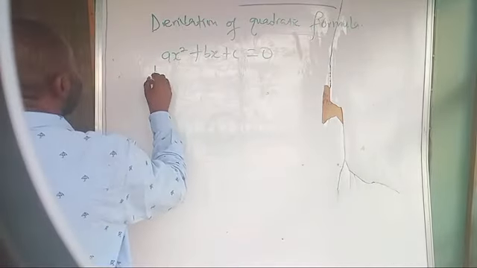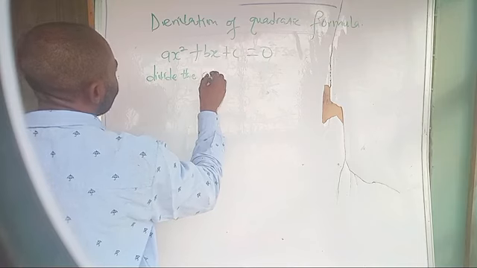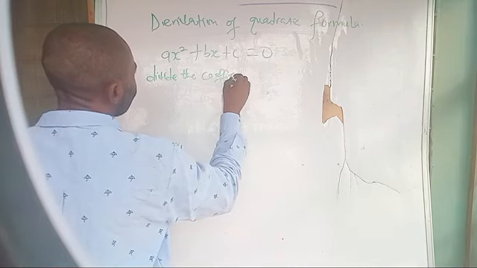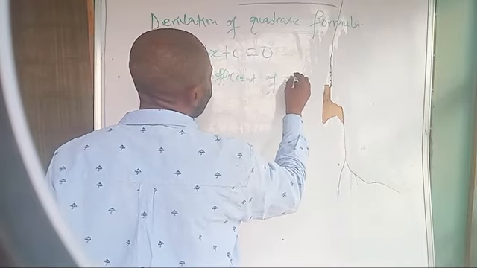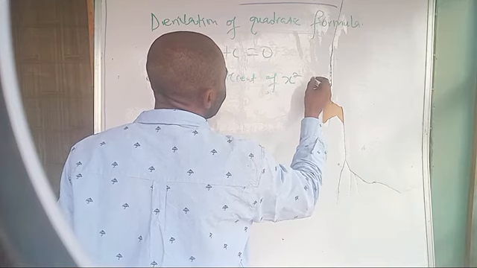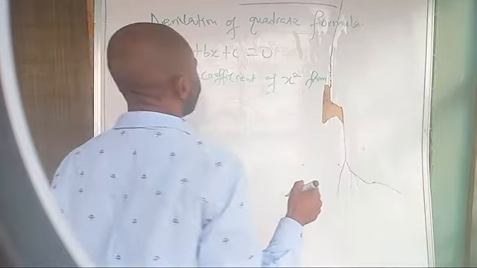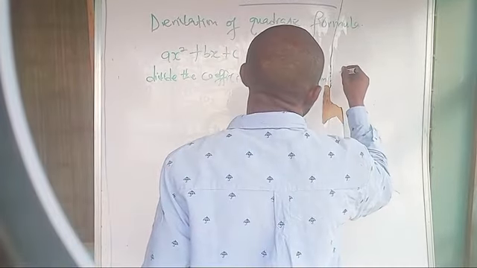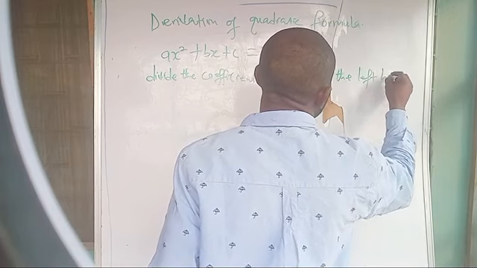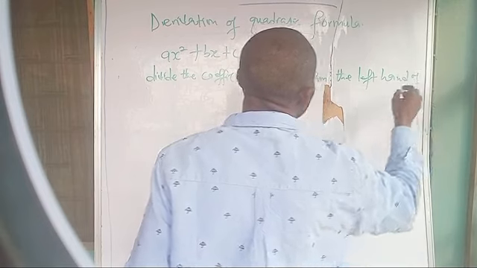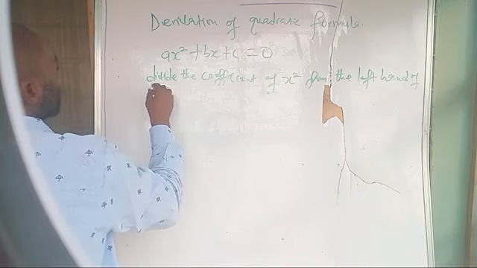So divide the coefficients of x squared from the left hand side of the equation.